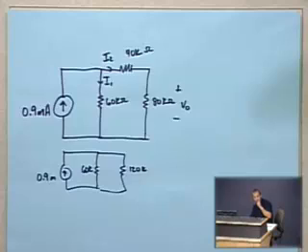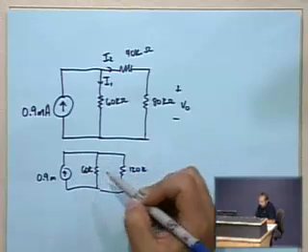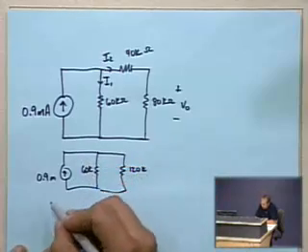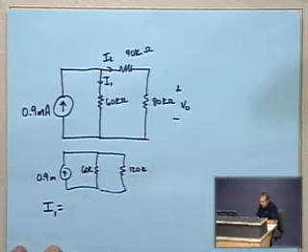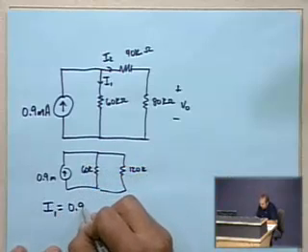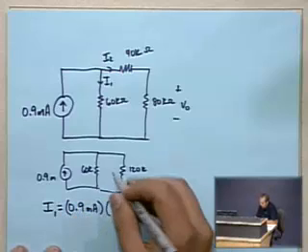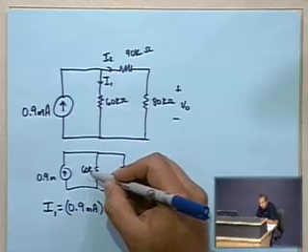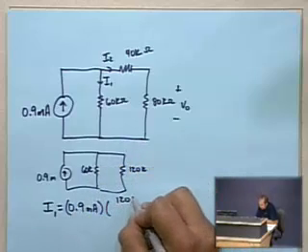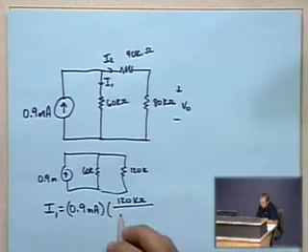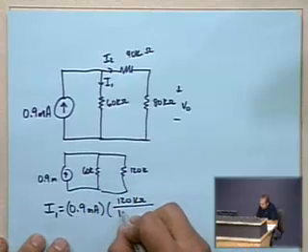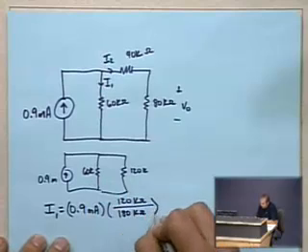So now we can do our simple current division equations and find out what at least I1 and I2 are. So let's go ahead and do that. I1 is going to be some fraction of the 0.9 milliamps to start with, and the fraction is, this is our R1, so we're going to put R2 on the top, 120 kilo ohms, over the sum of the two resistances, 180 kilo ohms.